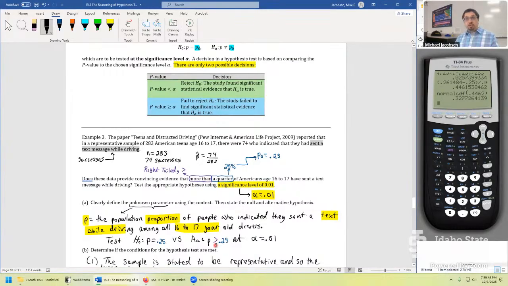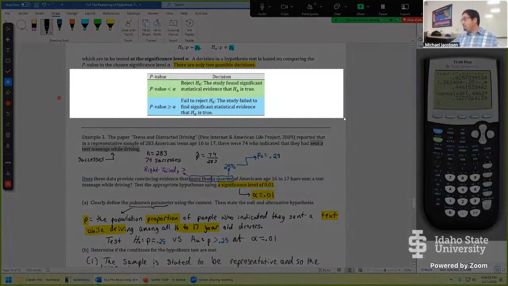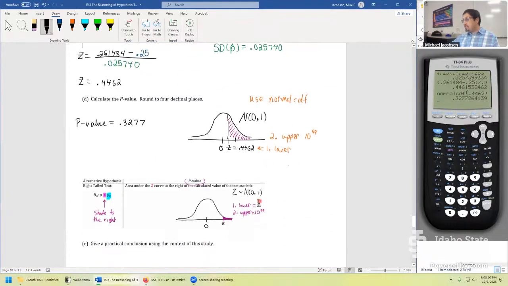It may be true, but we couldn't detect it with our study. We have no evidence in that direction. It almost doesn't matter what the alpha level was, because the biggest it could have been is 0.10. But let's put this down on our paper as well, because this is tricky stuff to keep in mind. There are lots of moving parts to hypothesis testing, and this is one of the big ones.